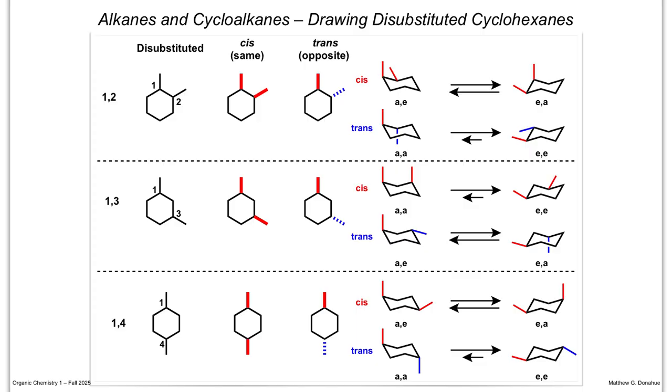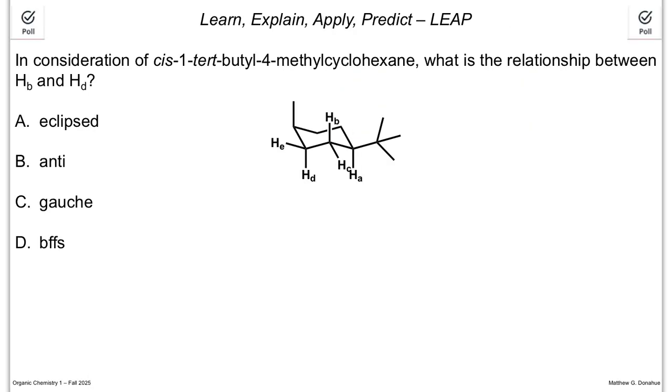So let's kind of put all this together. To answer the prior question, if we had this chair and we wanted to draw it flat, that would be the flat cyclohexane.